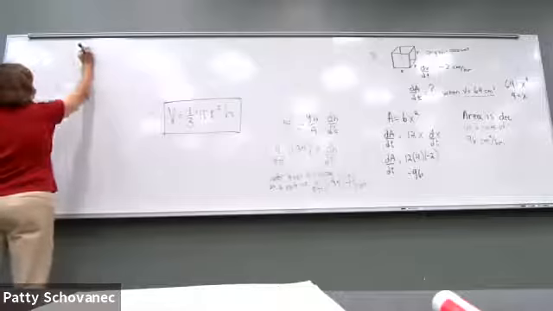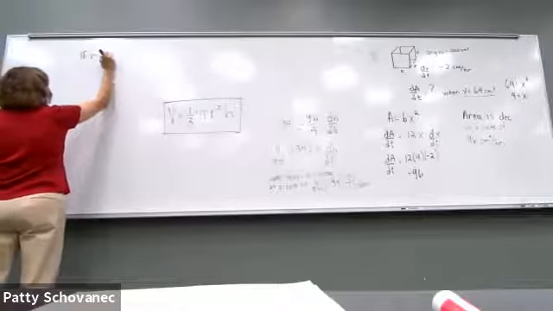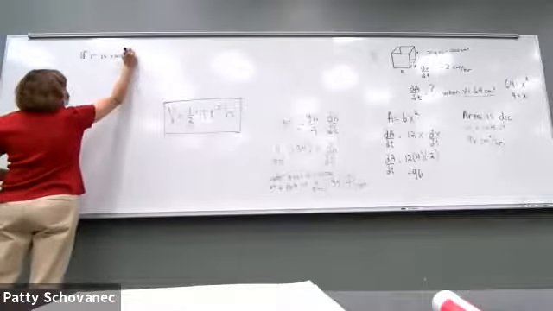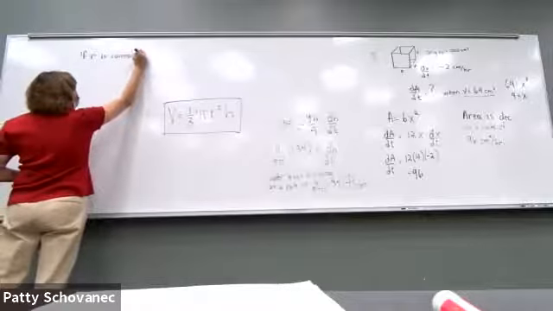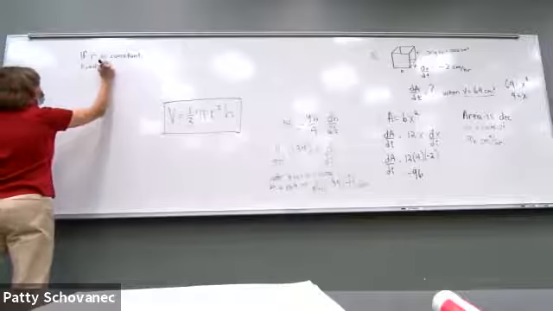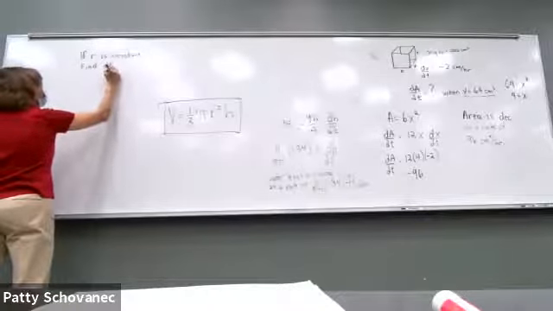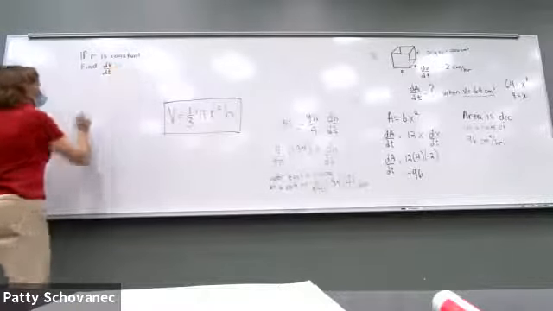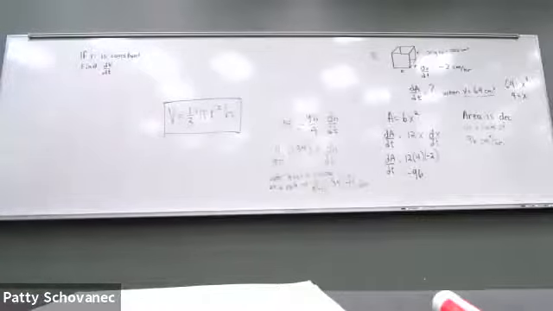If R is constant, find dV dt. Then we'll hold H constant, and then we'll run them both as variables.